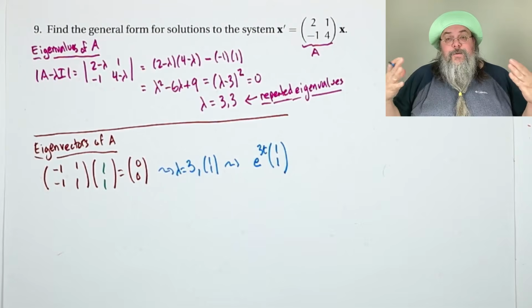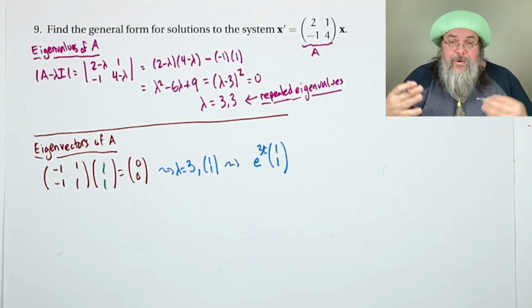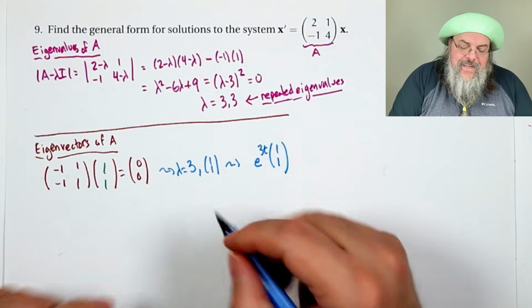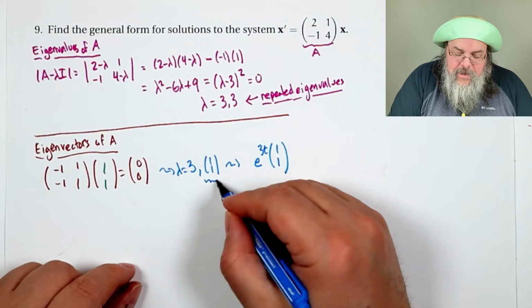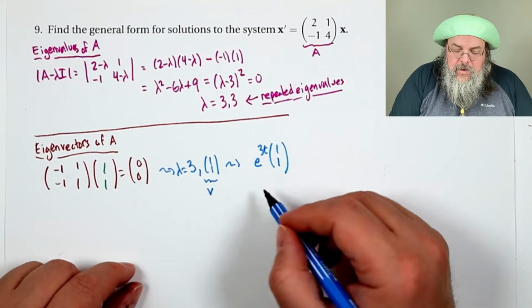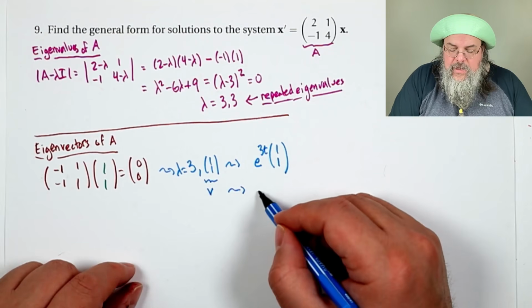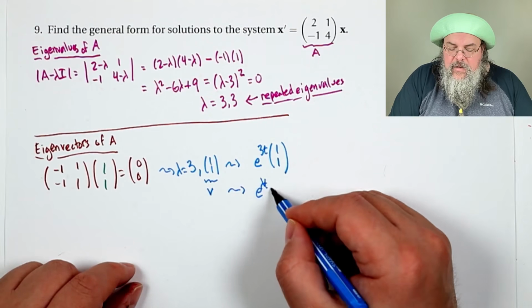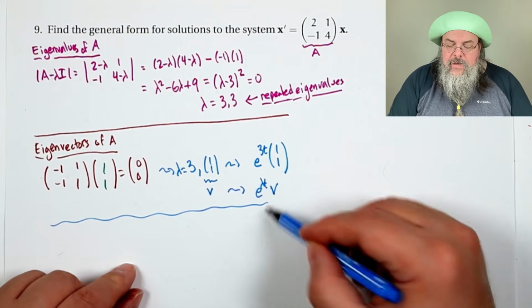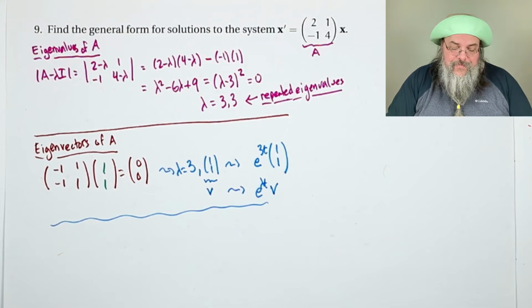So, what would we like to do? Well, the moral is we want to bump. And if we call this a vector v, just as a reminder, our first solution should look like e to the lambda t times v. How do we find our second solution?